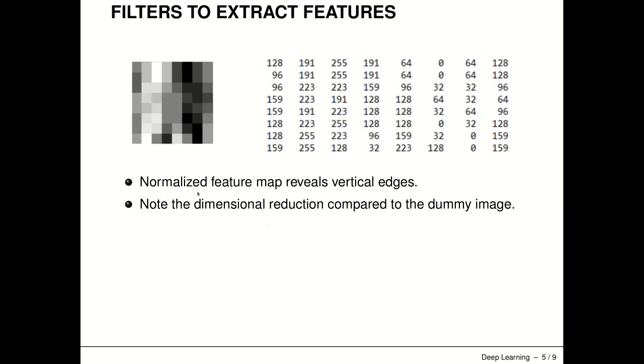Another important point is, if you remember, our input image had a size of 10 by 10. By applying a Sobel filter with a size of 3, our output is of size 8 by 8. Here we actually also did a kind of dimensionality reduction compared to the input image.